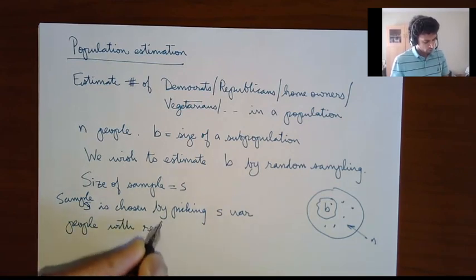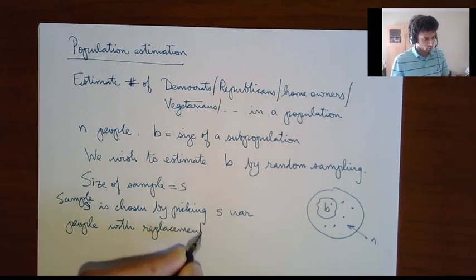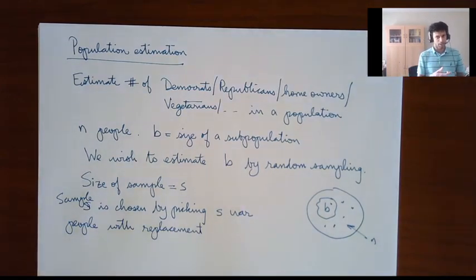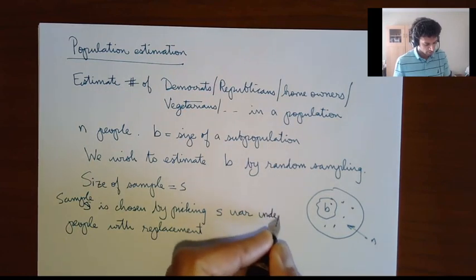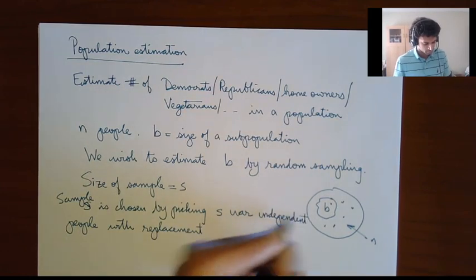It's convenient to do it with replacement, so we'll actually assume that a person might be asked again. So we randomly pick a phone number, we contact that person, and then we do it again independently, picking S uniform at random independent.